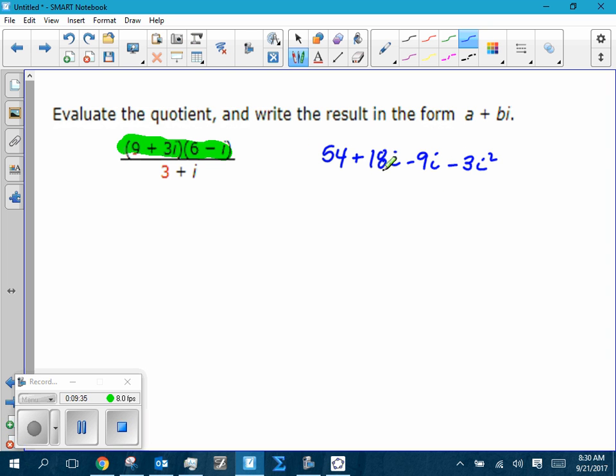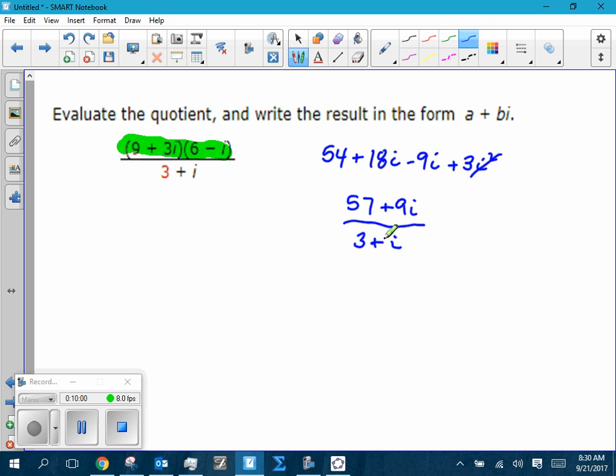So rewriting my numerator, that i squared is going to go to a negative 1, makes that positive 3. So we get 57 on top, plus 9i. Is that okay with everybody? So that's what that green numerator becomes. It's still all over 3 plus i. Okay?